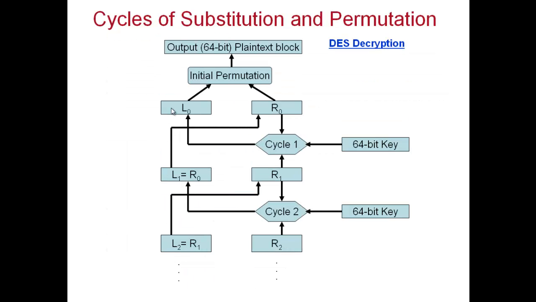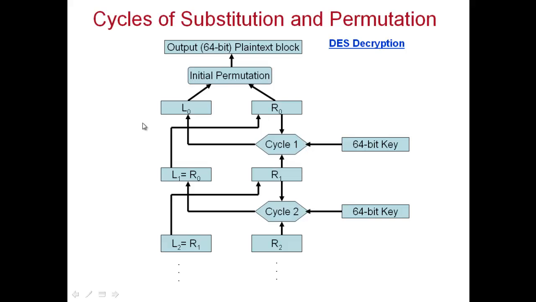For example, L2 and R2 are fed to cycle 2 with the key for cycle 2. What you get out is L1 and R1, and both are fed to cycle 1. L1 is now R0, entering cycle 1 along with R1 and the key, and you get L0.